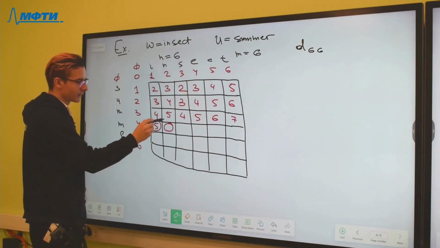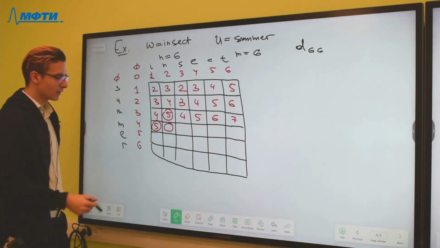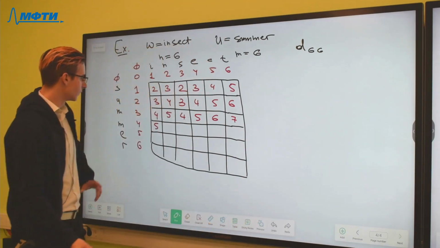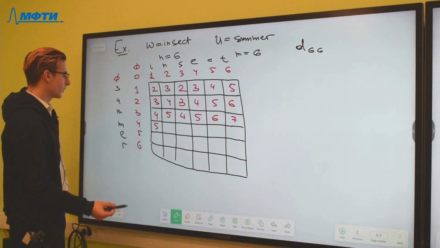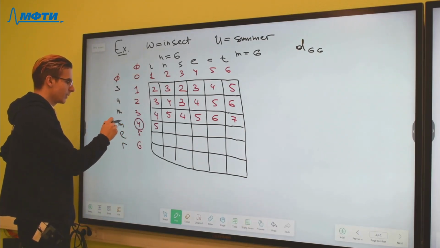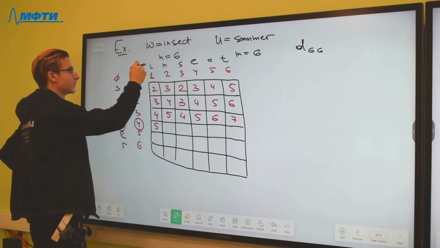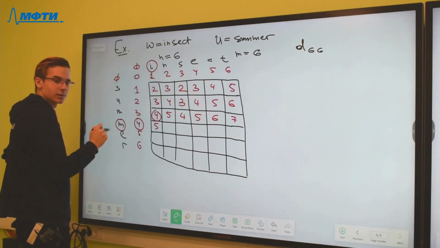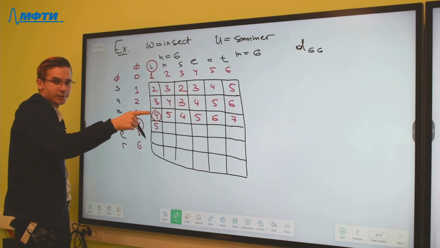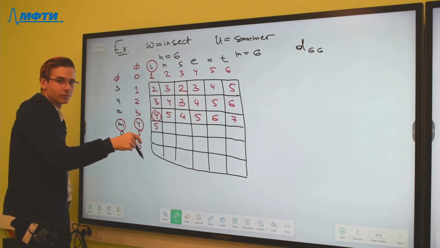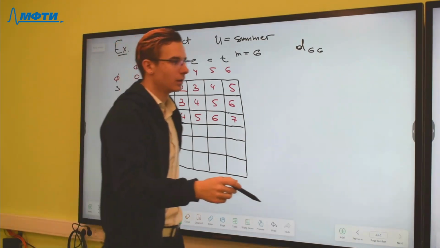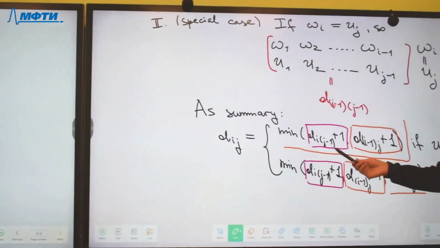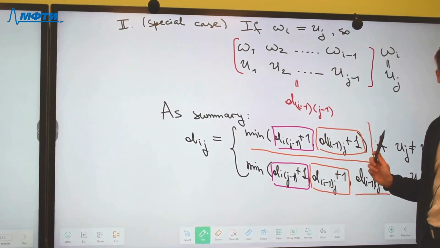We compare these two numbers, find the minimum and add 1, 5, because M is not equal to I. So we compare this number and this number and add 1. Here we compare these two numbers and add 1.